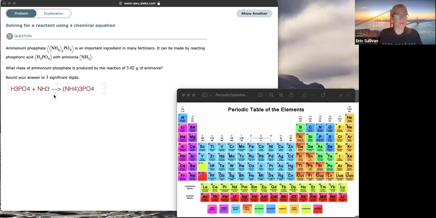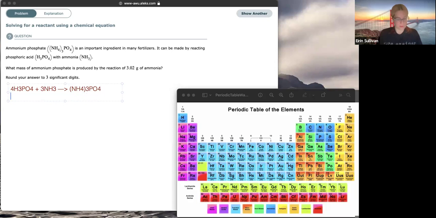It is not balanced. Okay, so to balance this one, first of all, we need 3 nitrogens here. That's a good place to start, right? And then we'll see where we shake up with this, because I can see 4 times 3 is 12 hydrogens. 12 divided by 3 is 4. So it's probably going to be something along the lines of this. Let's just double check that that is balanced.